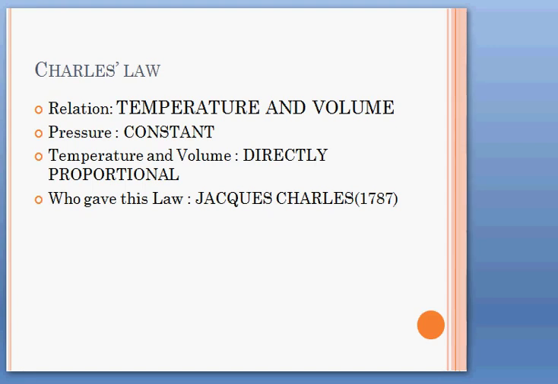What Charles law did was keep temperature and volume as the variables and pressure remaining constant. So what is the relation between temperature and volume? They are directly proportional to each other. And who gave this? The great scientist Jacques Charles. He did it in 1787.